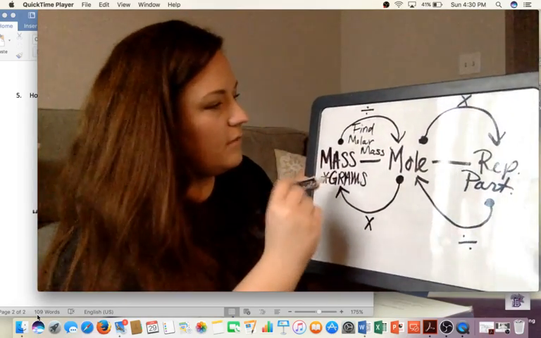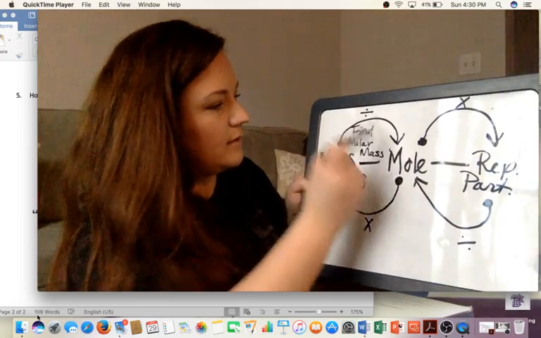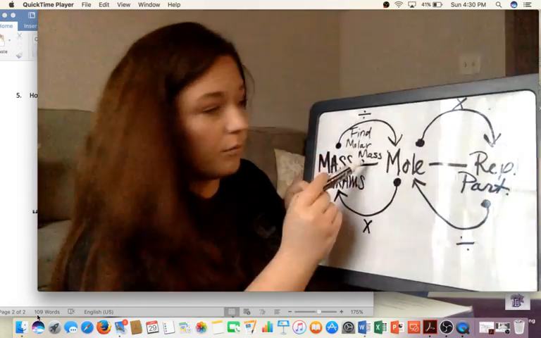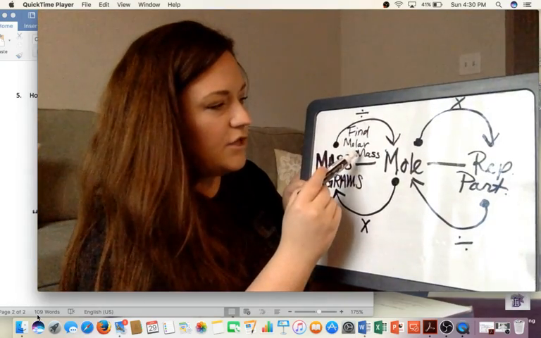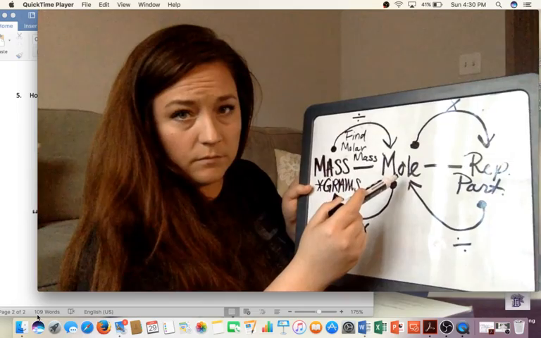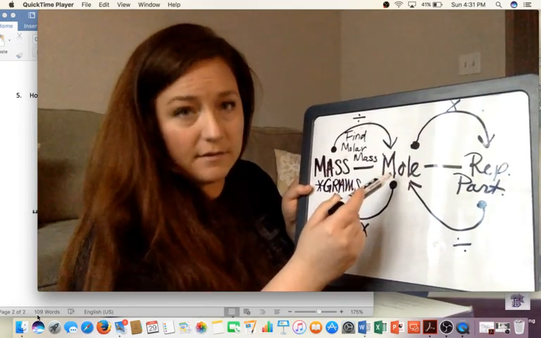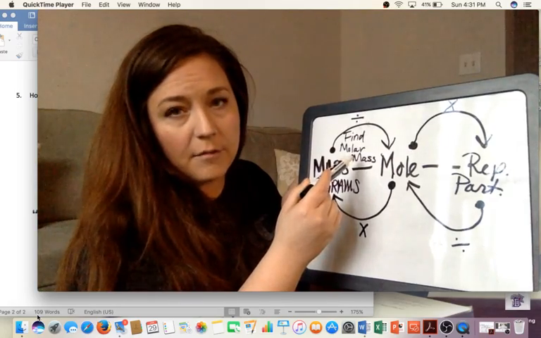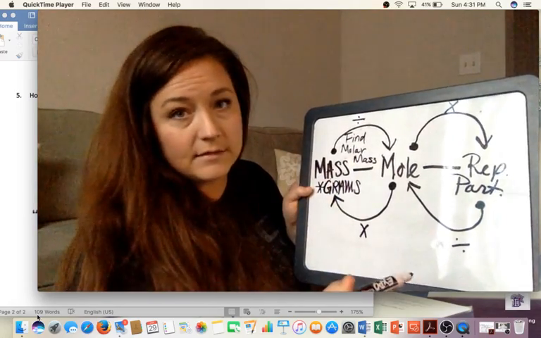So anytime you are going from mass to mole, mole to mass, you first find the molar mass and you use it. So anytime I have a given mole, I take my given and multiply it by the chemical formula's molar mass.